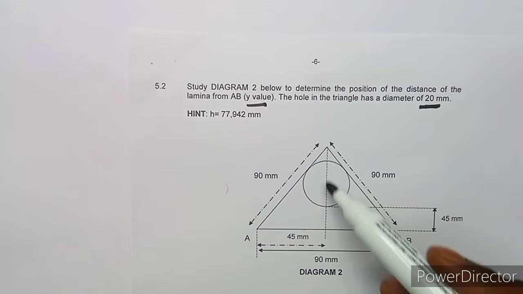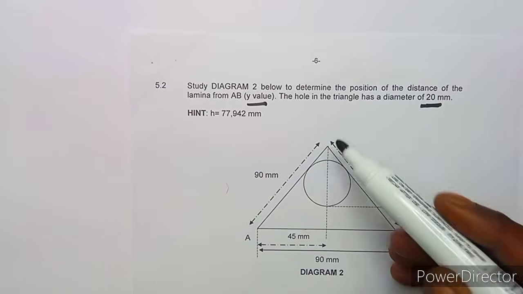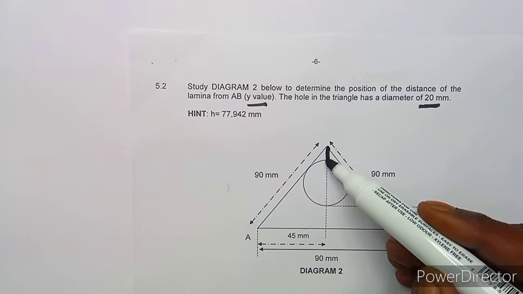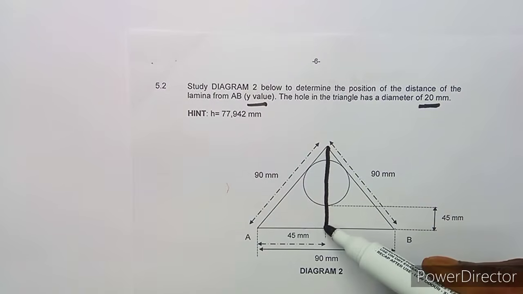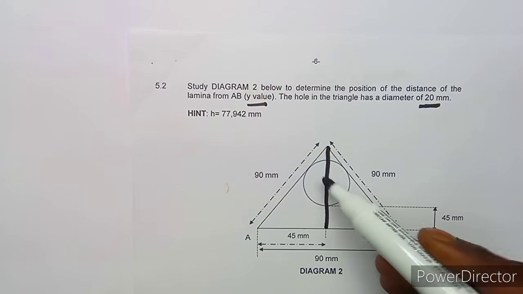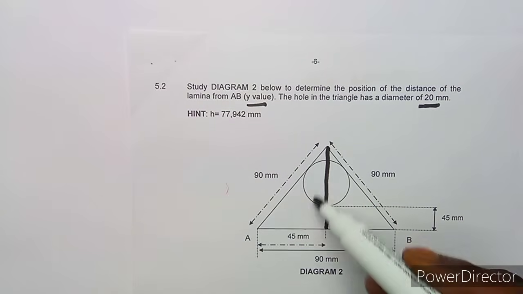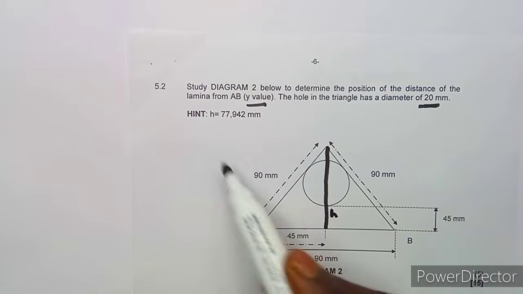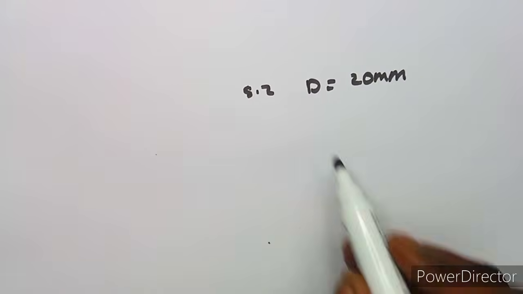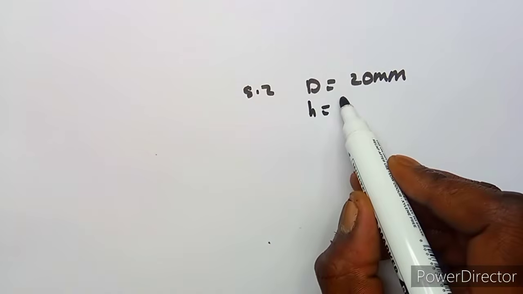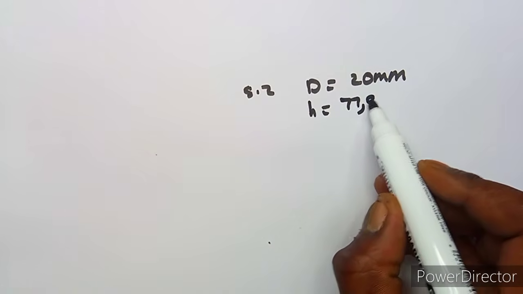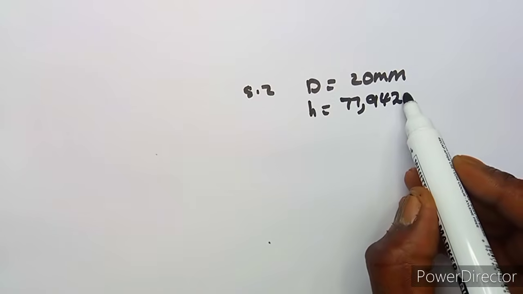So h, which is the height of the triangle, from this point up to this point here, that is the height of the triangle. So we have the value of h, which is 77,942 millimeters, like that.